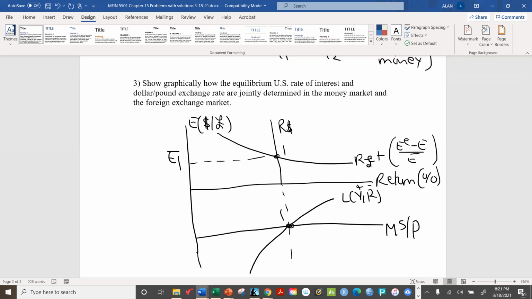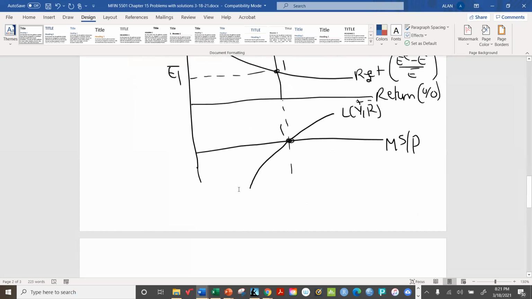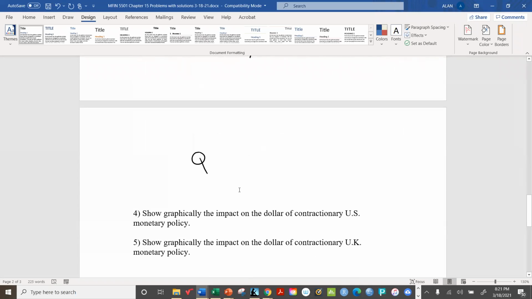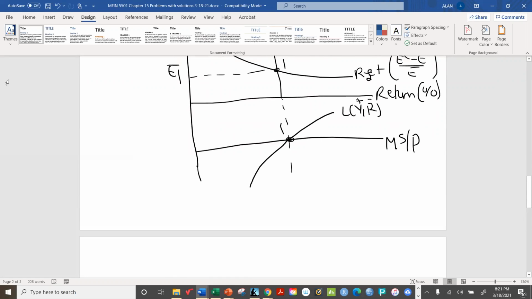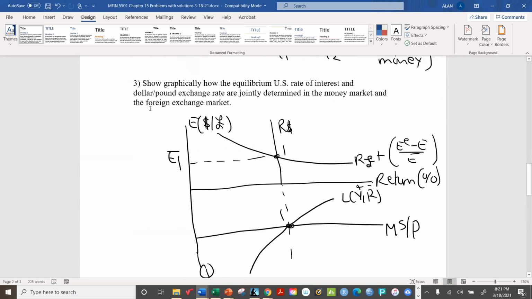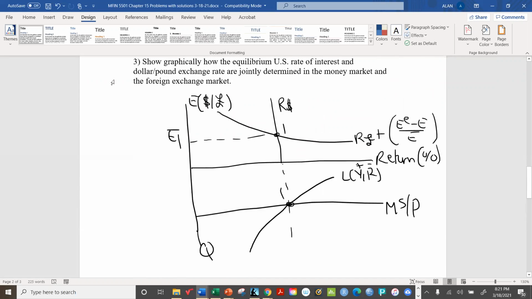Now, in part 4, we have to take the same setup and show what happens when there's expansionary monetary policy. Ooh. All right. Well, all we can do is give it our best shot. We have to show expansionary monetary policy and how it affects the dollar.